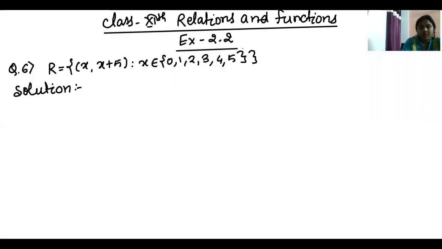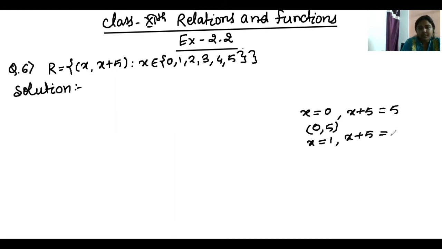So in question number 6, we have seen that when we apply x equals 0, x plus 5 gives 5, so (0, 5). Then x equals 1, x plus 5 is 6, so 1 is related to 6. Then x equals 2, x plus 5 is 7, so 2 is related to 7.